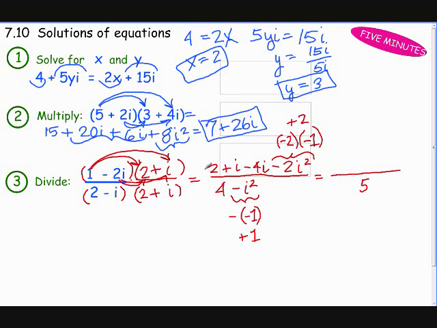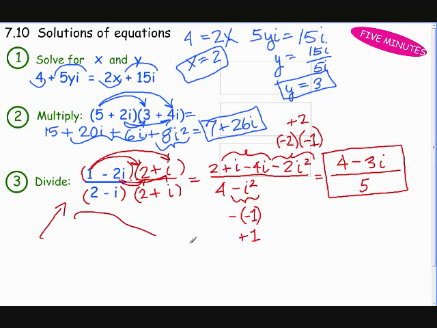A positive 2, and over here we also have a positive 2, will give us a positive 4. For the imaginary portion of this complex number, we've got a positive 1 and a negative 4. We add those together, we're going to have a negative 3i. So when we divide this, we get this. Well, I think we're ready to move forward. That was just a little review for us, stuff we've done before.